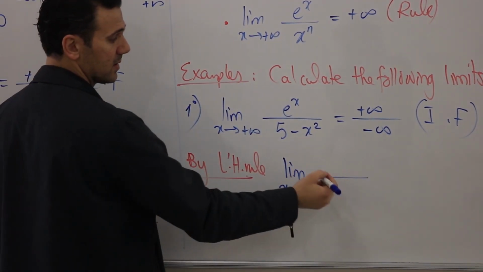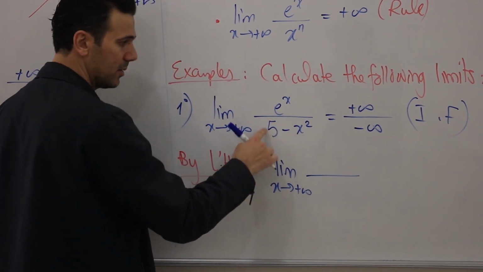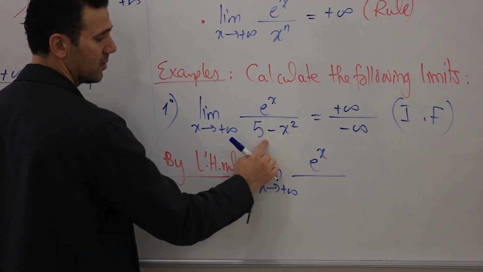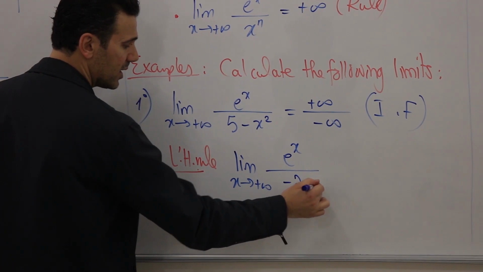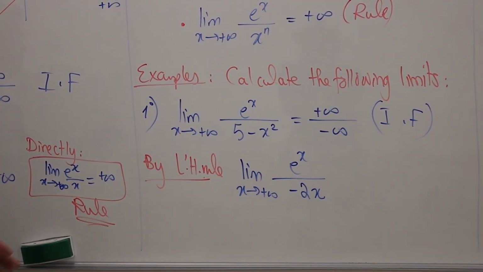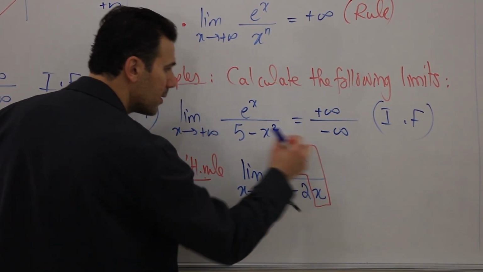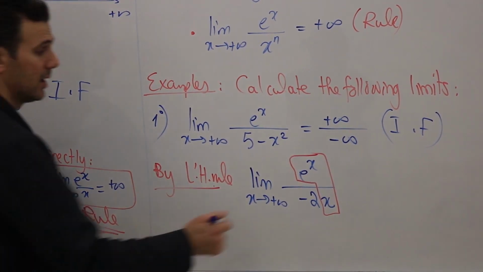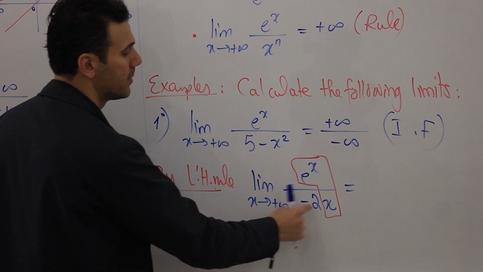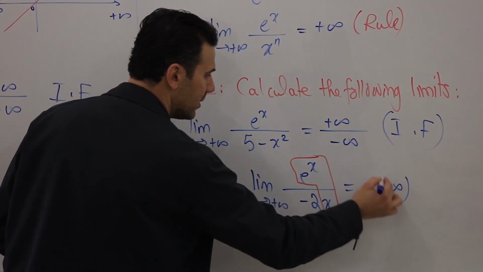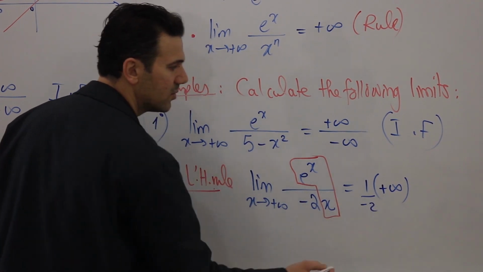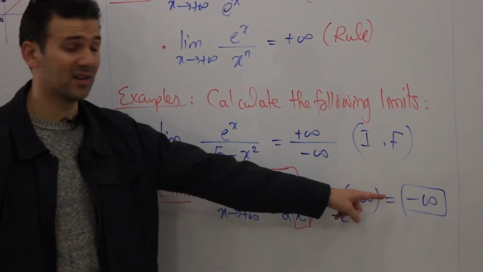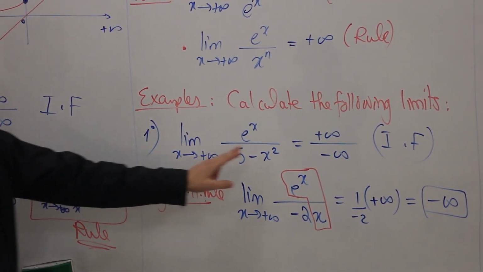L'Hopital rule says that we take the derivative of the numerator and the derivative of the denominator. The derivative of e^x is e^x, and the derivative of the denominator: this is 0 and the derivative of this is minus 2x. As you see, this term reminds us of this rule, we can directly use it, and don't miss this negative number. This will be plus infinity multiplied by 1 over minus 2, which is in fact minus half. We were in indeterminate form, we got a result which is minus infinity. The limit as x tends to plus infinity is minus infinity.